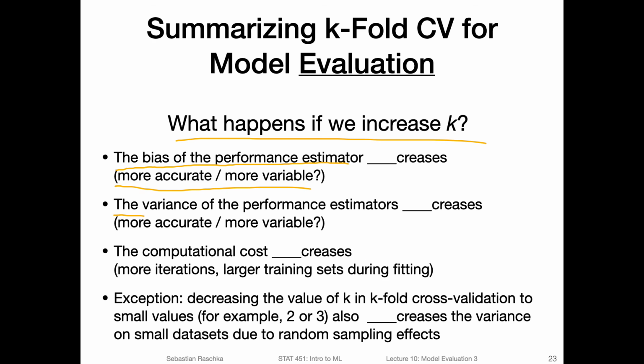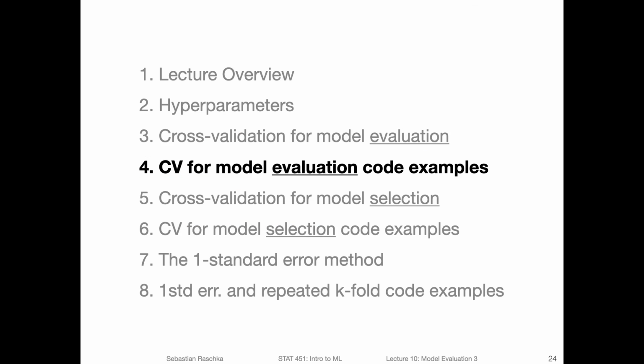The other one would be: does the variance of the performance estimator increase or decrease when we increase k? And instead of answering that for you, I think this would be a cool little quiz. So I will post these questions on Piazza as a little self-assessment exercise based on the empirical studies that we just took a look at.